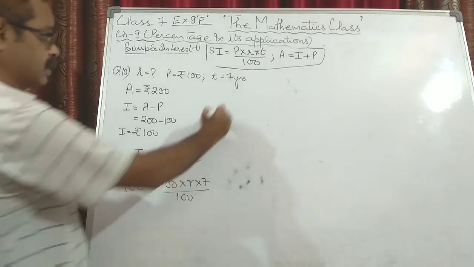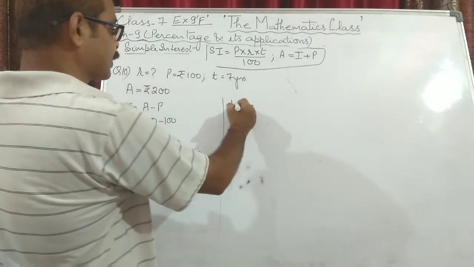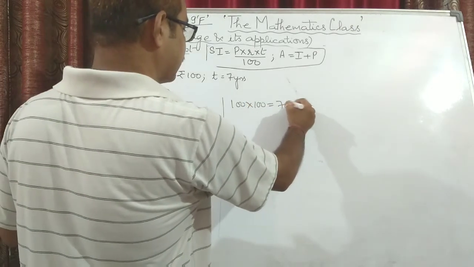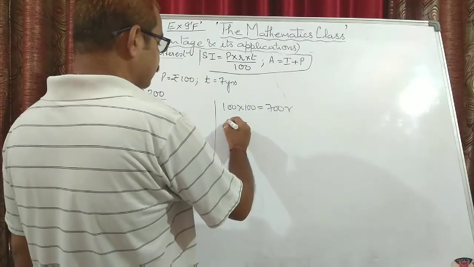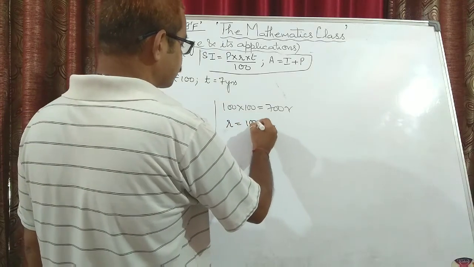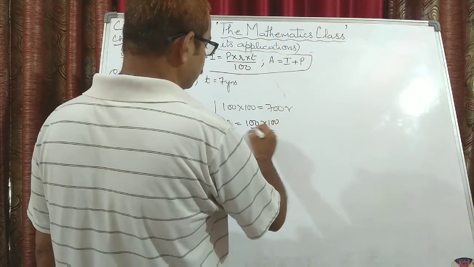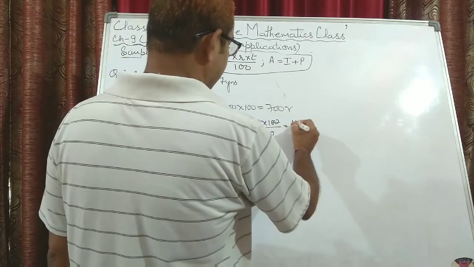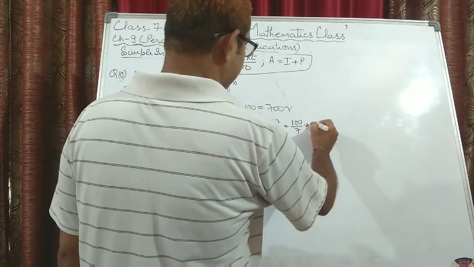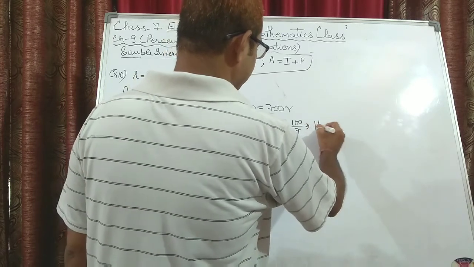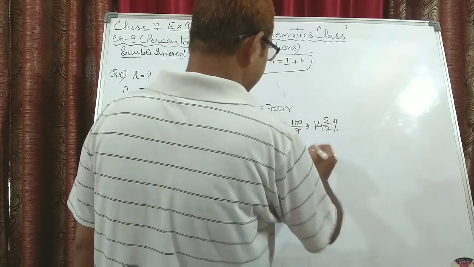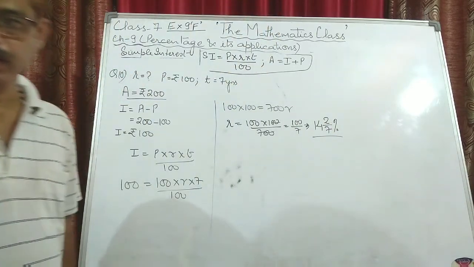Now when you cross multiply, this will be 100 into 100 is equal to 700 R. This implies R is equal to 100 into 100 upon 700, the 00 cancels, it is 100 upon 7. So 7 ones are 7, 30, 7 fours are 28, 29, 30. 2 upon 7 percent is the required rate of interest.